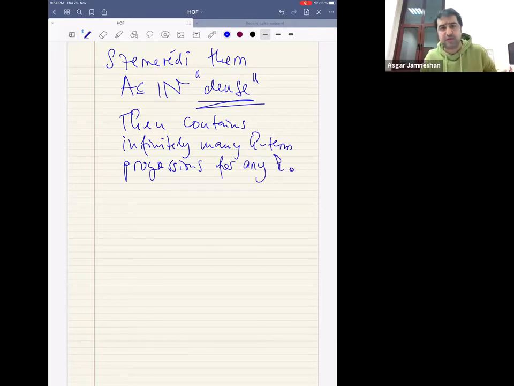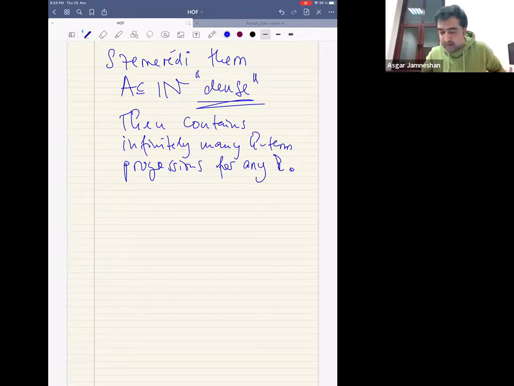So that's somehow funny. It just means that as long as your set is dense enough, it automatically contains a lot of arithmetic structure. And this result, by the way, is stronger than the results which we had before. So that means that arithmetic structure gets lost if your set is very sparse.